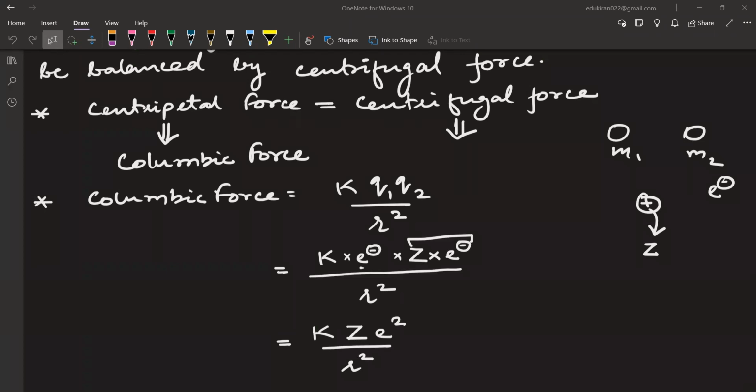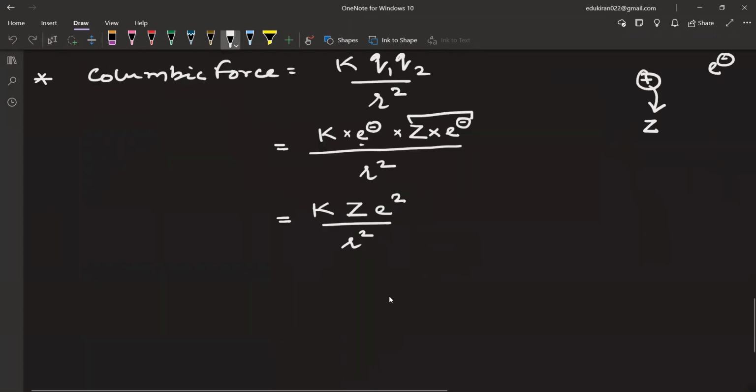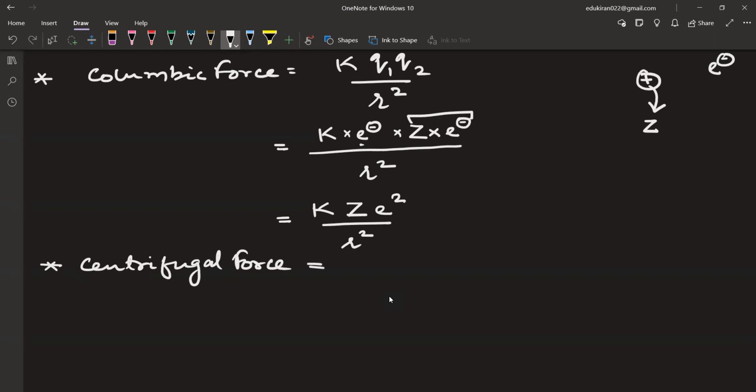Okay, fine. Now, the centrifugal force is equal to mv square upon r square. Now, this should be equal to this Coulombic force here.